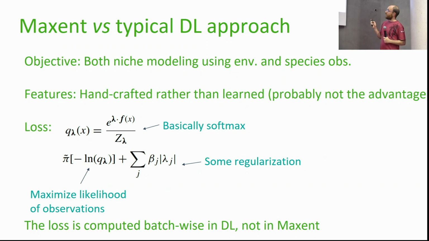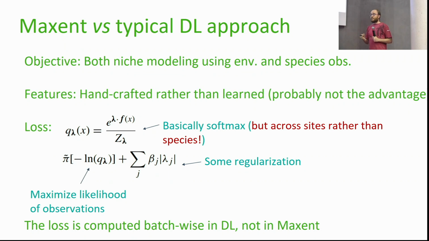But there is a big difference, and that is that in deep SDMs, usually this softmax is computed per site across species, but in Maxent it is computed across sites.